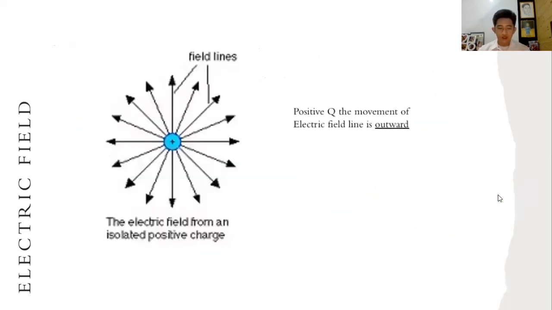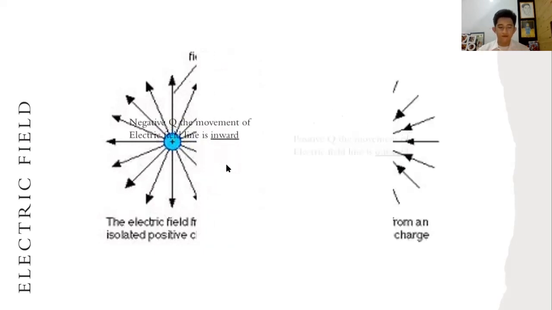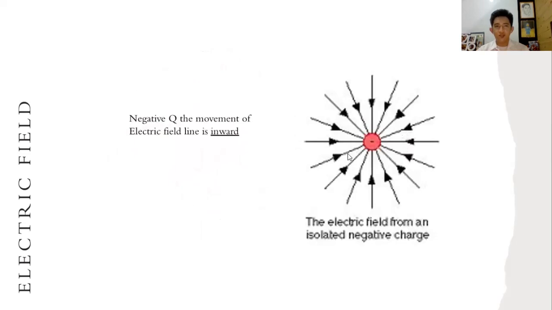Let's take note that for a positive Q, the movement of the electric field line is outward. So these arrows here are called the electric field lines, and they are pointing outward from the charge itself. So this is the electric field from an isolated positive charge. On the other hand, if we have a negative charge, the movement now is inward.